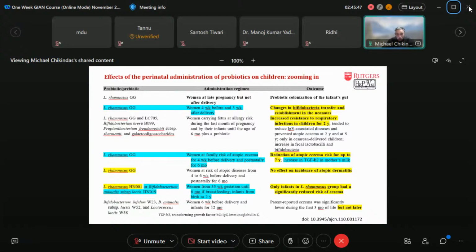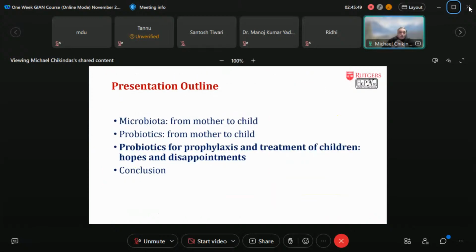When we're talking about the probiotics for prophylaxis and treatment, we already saw some hopes and some disappointments, but I think the important thing we need to look at is the way the probiotic bacteria may work.